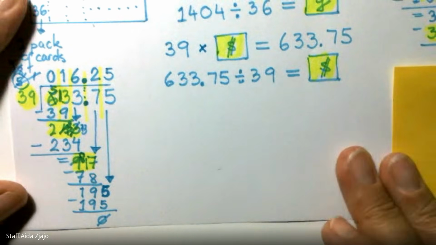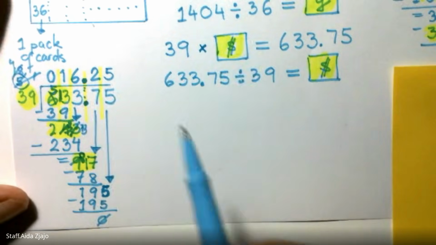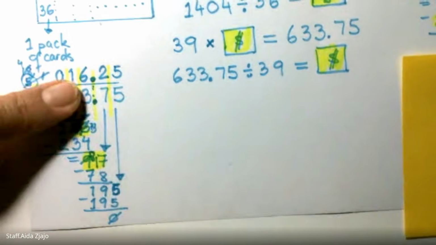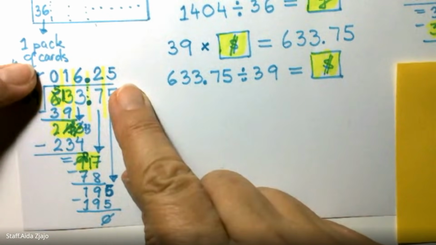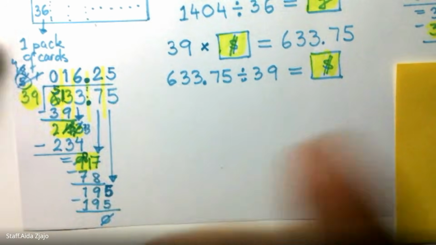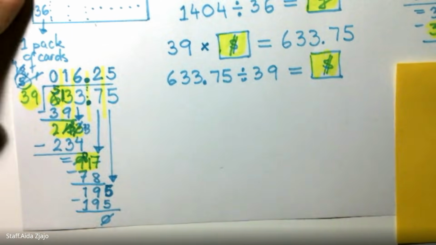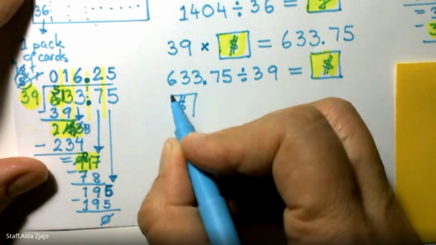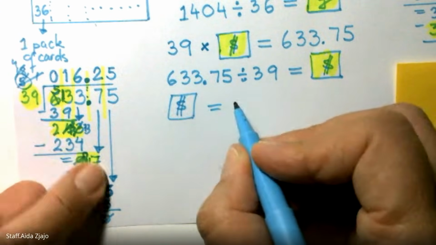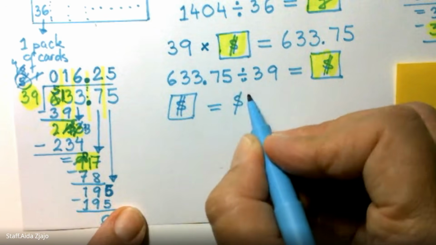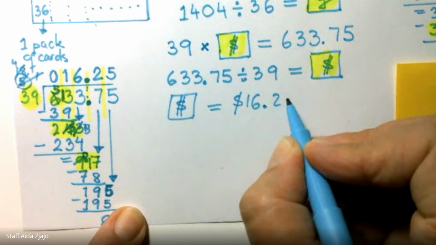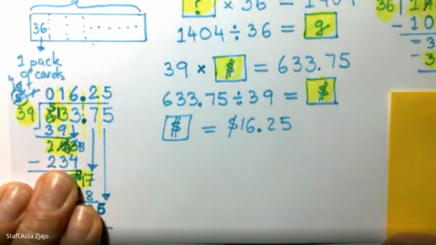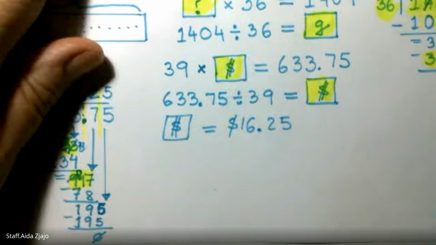So we know now how much he needs to charge for each group of his cards: $16.25. So we found that the dollar amount is $16.25.